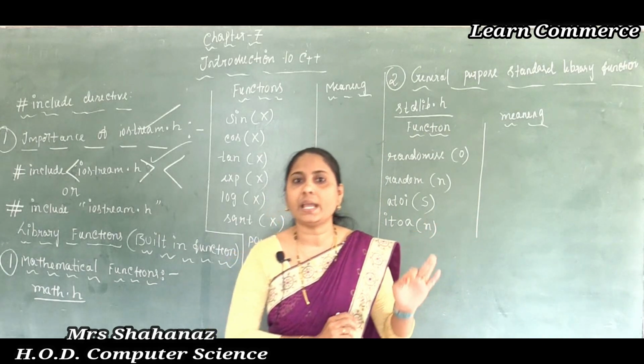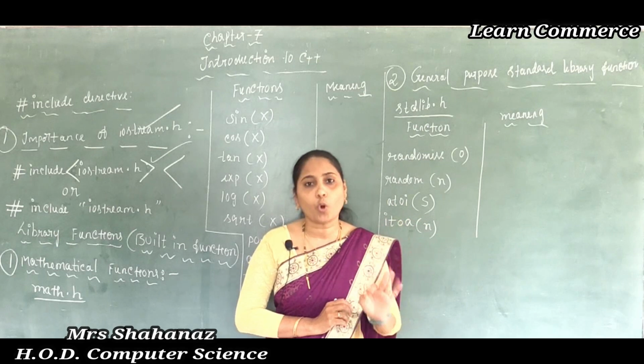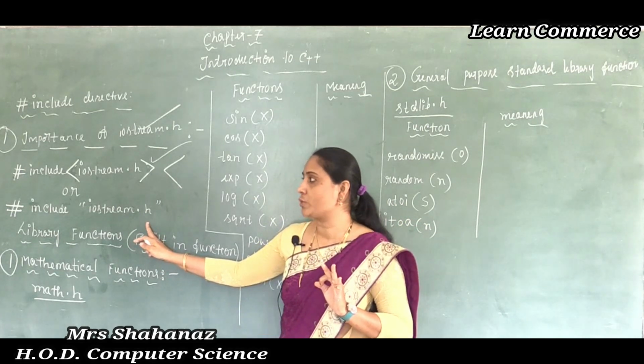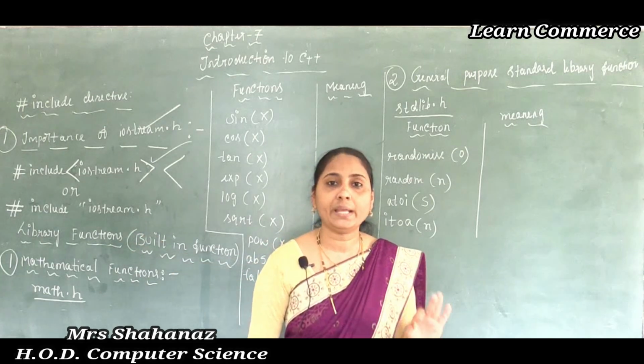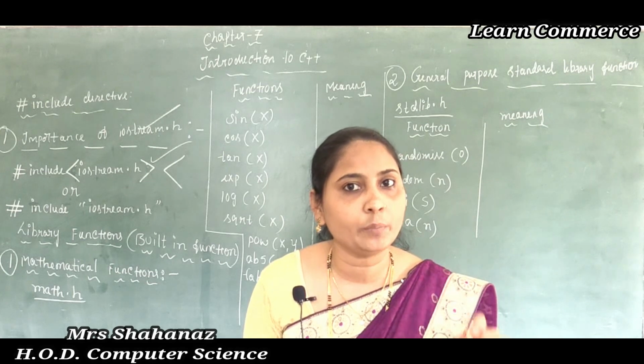But in case the header file is in double quotes, it means that the file resides in the current directory. So this is the important point about our hash include iostream.h here.